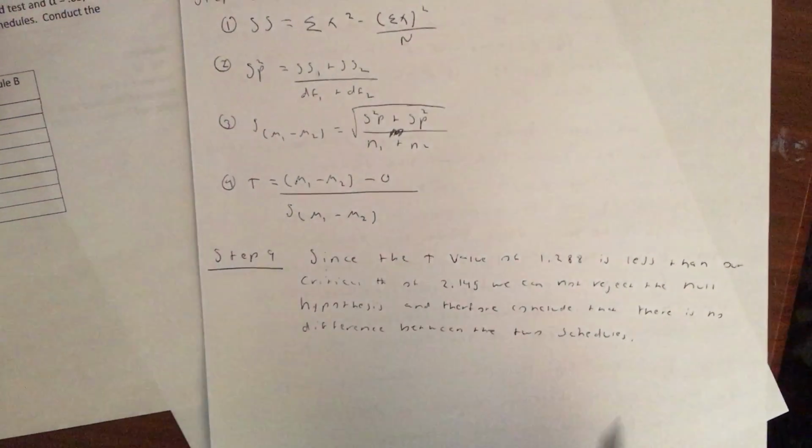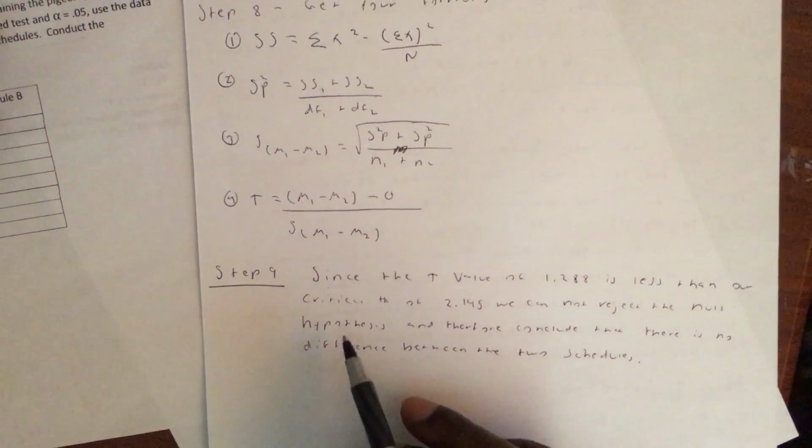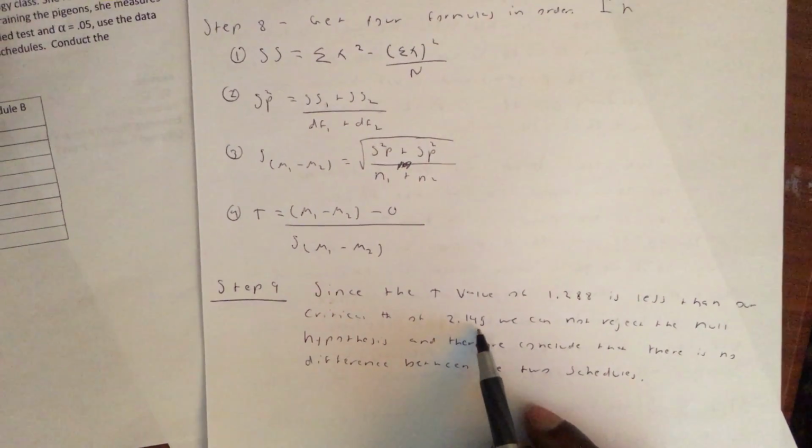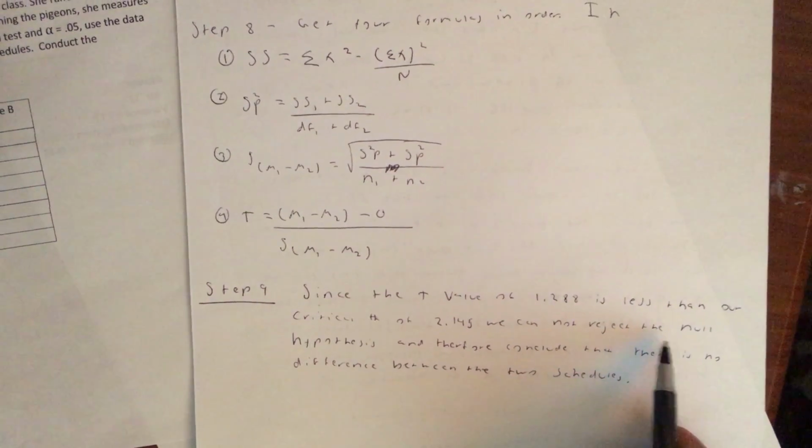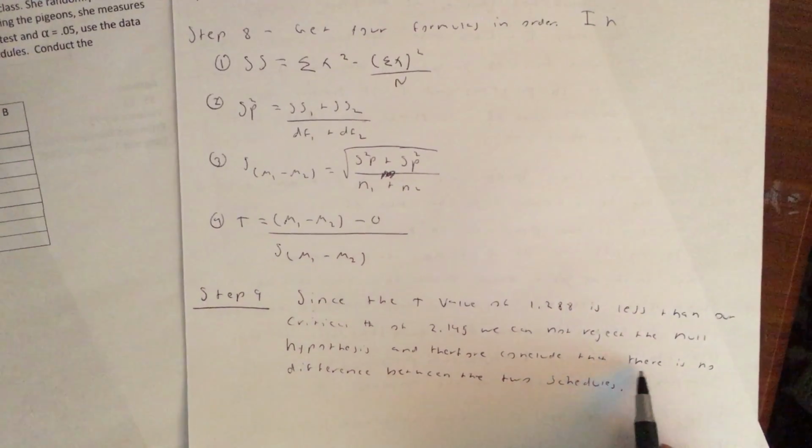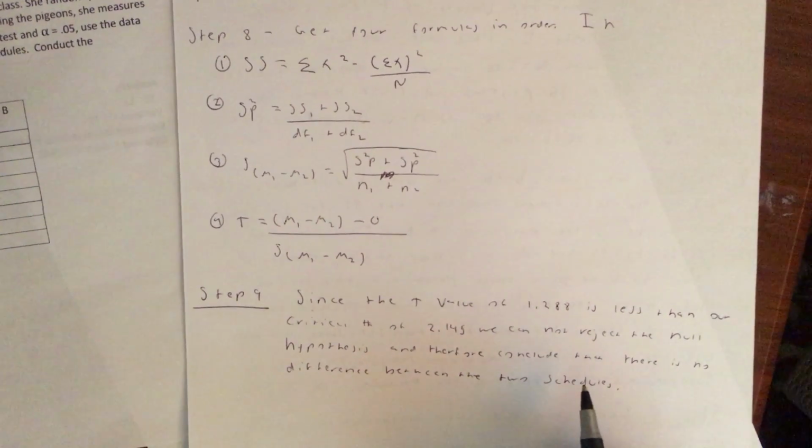Since the t-value of 1.288 is less than our critical number of 2.145, we cannot reject the null hypothesis and therefore conclude that there is no difference between the two schedules.